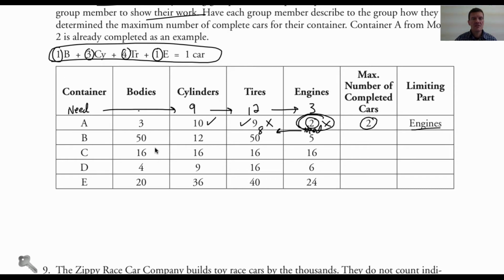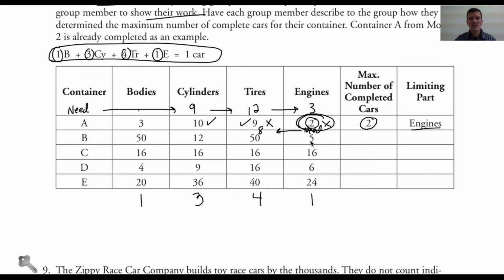Let's do this. Let's just look at the ratio. 1 to 3 to 4 to 1. Are these in a 1, 3, 4, 1 ratio? Okay? So how do we determine that? Well, the best way to determine that is to divide everything in order to find out if you've got the ratio that you desire.